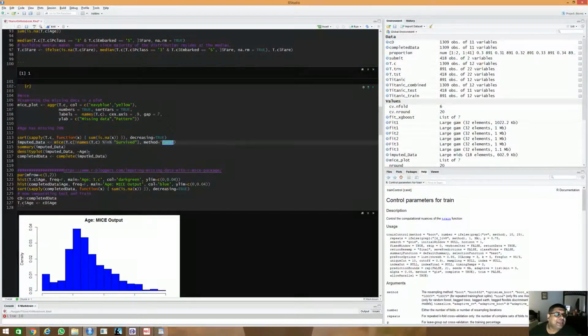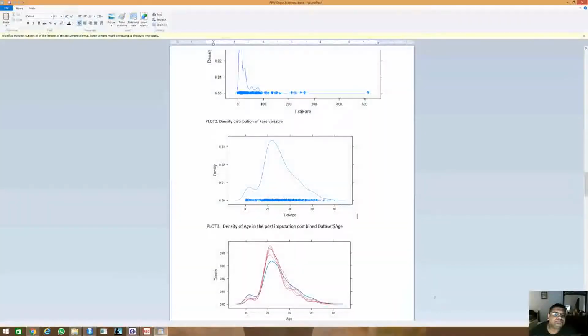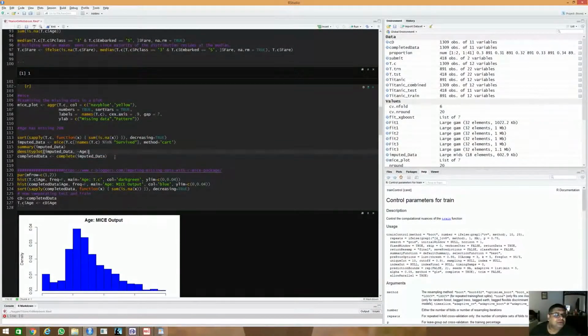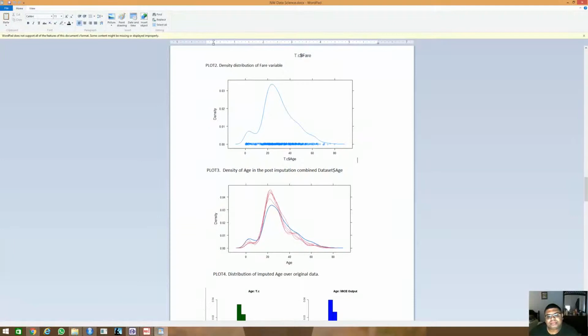I made a density plot of the age values that were imputed, and then plotted it against the normal distribution of the original data.